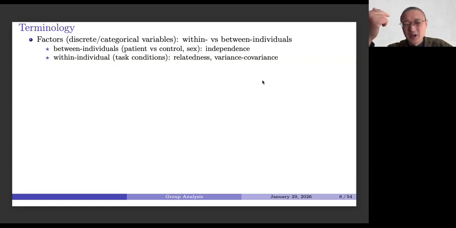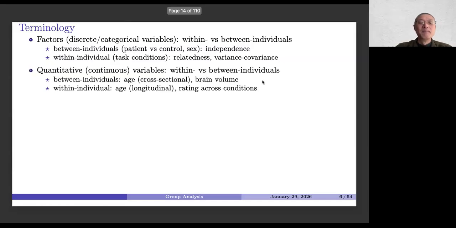There's no correlation between them. But for within, they are related to some extent. So we need to take care of that in modeling, because from the same participant, those 3 levels are correlated to some extent. So from the modeling perspective, we need to be careful.